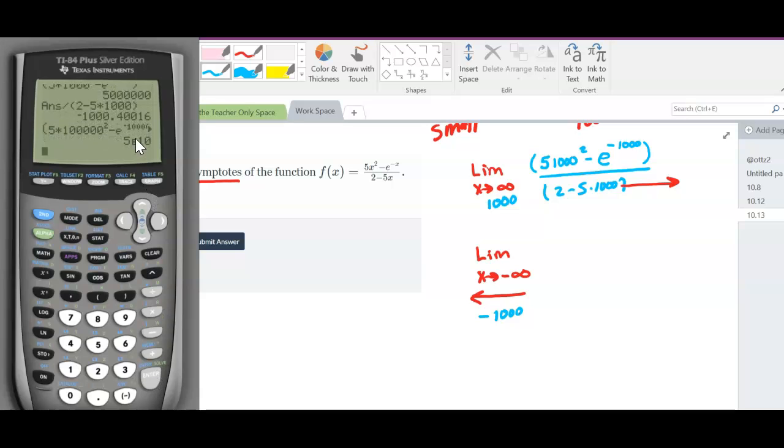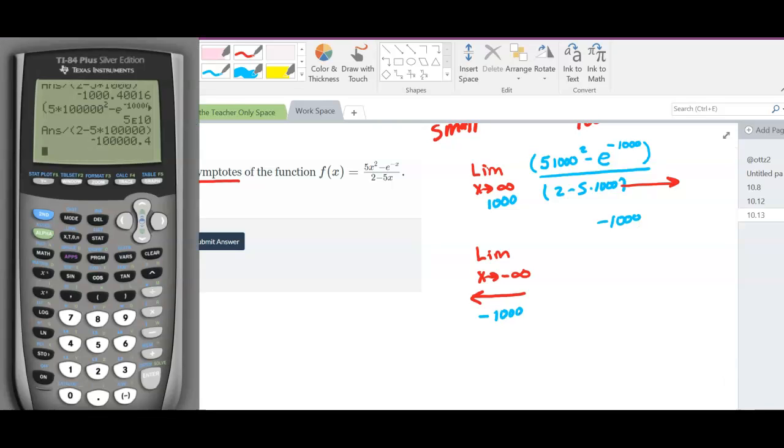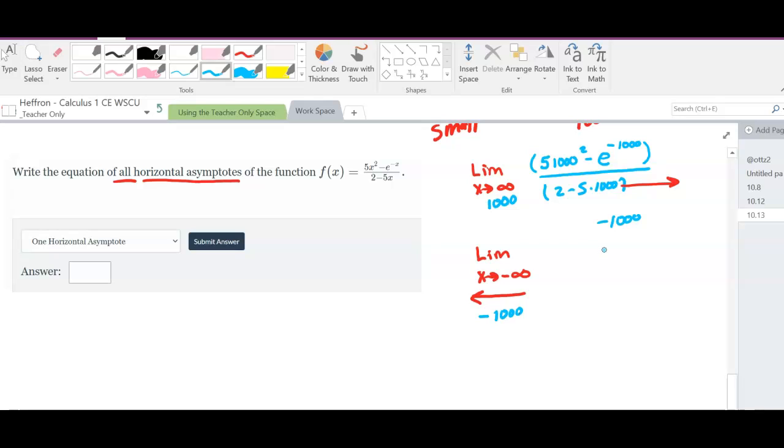So my numerator is now bigger, and I'm going to divide by parentheses 2 minus 5 times, instead of 1000, I'm doing 2 more zeros. And so now my answer used to be negative 1000. But now do you see how it's negative 100,000? So it's getting closer and closer to negative infinity.